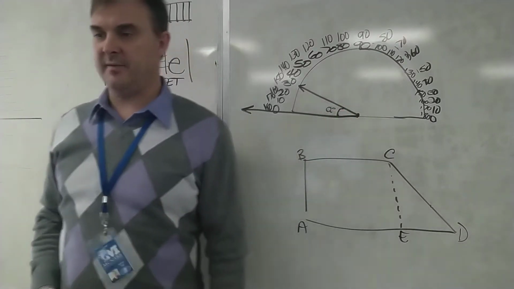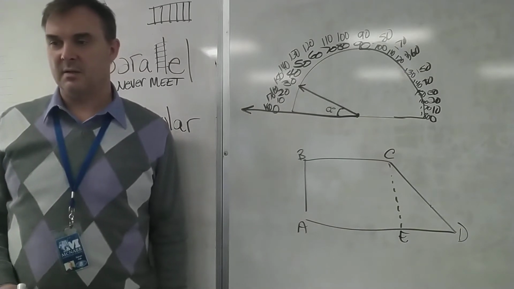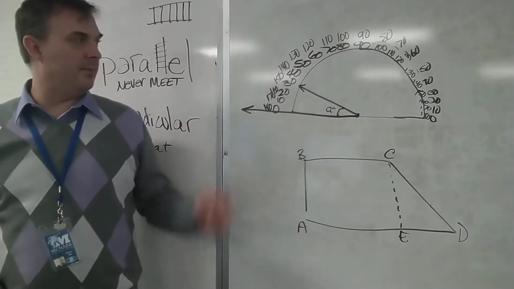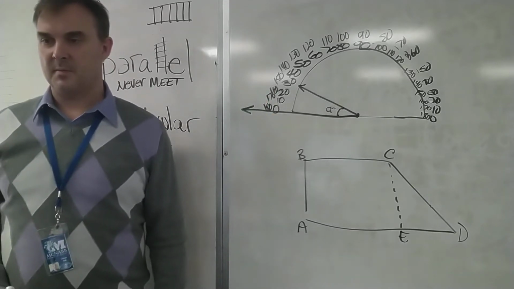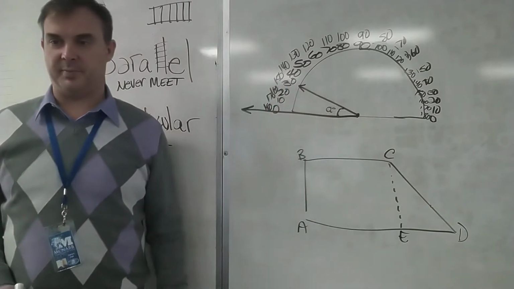What is the degree of that angle? Can you all see that? Do I need to get closer? No, you can see it? So what number is this? What angle is this pointing to?